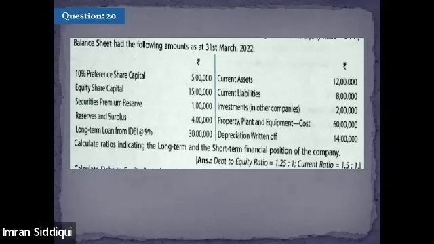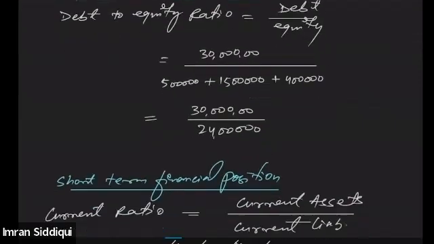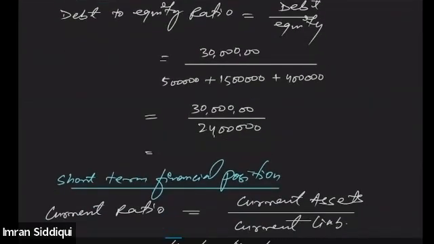So there is only one item. 30 divided by 5 plus 15 plus 4. That will be 24 lakhs. Calculating this, we will be getting 1.25:1.